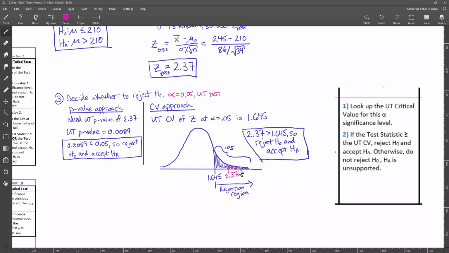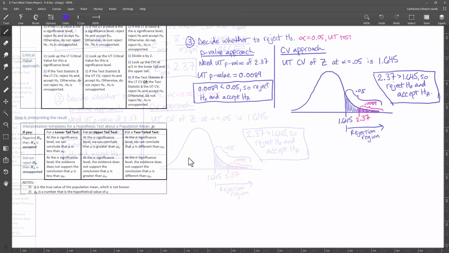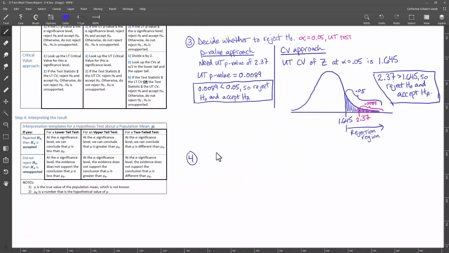And we actually know the value of that p-value. It is 0.0089. So by the p-value approach, we compare the p-value directly to alpha, but by the critical value approach, we instead compare the test statistic to the critical value. But it all ends up in the same place. Is the p-value less than alpha? And we set up our rejection region in order to determine that.